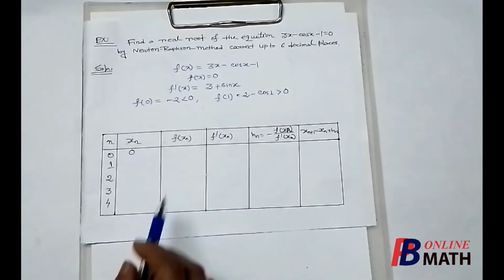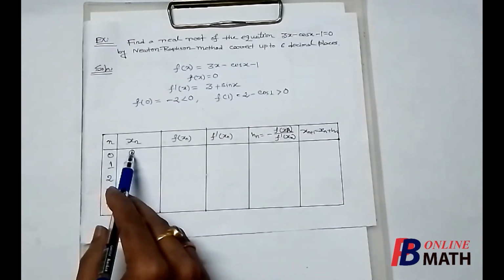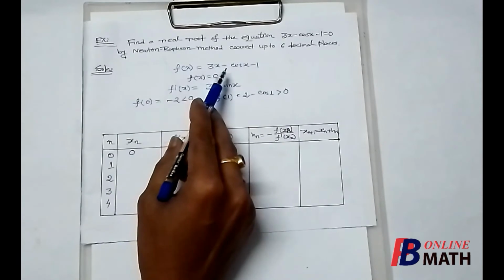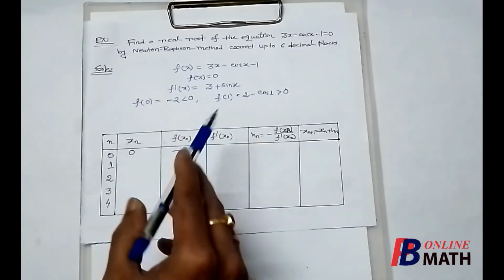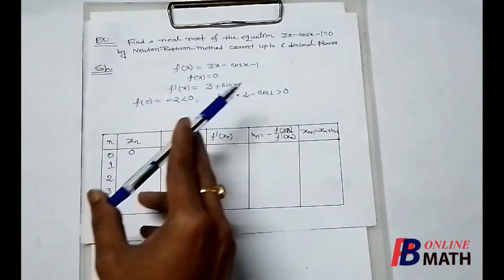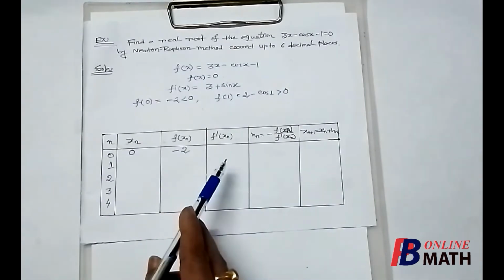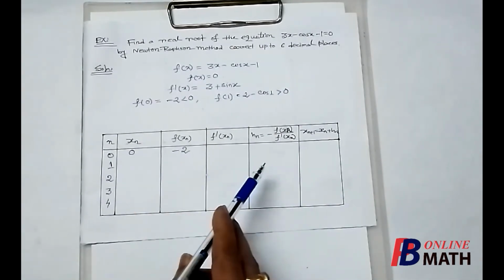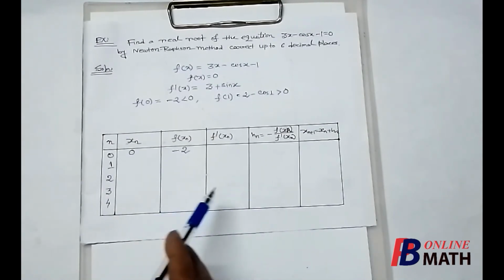So first one is f(xn). If we put x equal to 0 in f(x), we shall easily get minus 2. Now remember, we have to find the solution which will be correct up to 6 decimal places. So we need to compute all these values correct up to 7 decimal places, and after that we shall round it up to 6 decimal places.